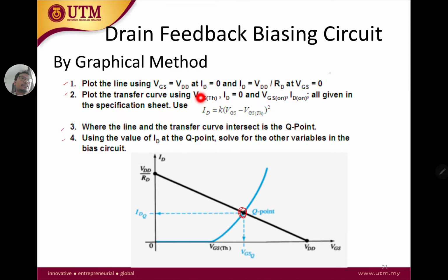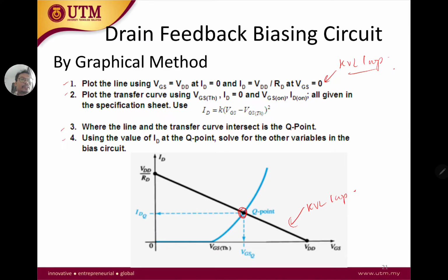So here we are actually using the KVL loop equation. You're going to see later on an example. So we set VGS to 0 and we set ID to 0 and find the other ones.